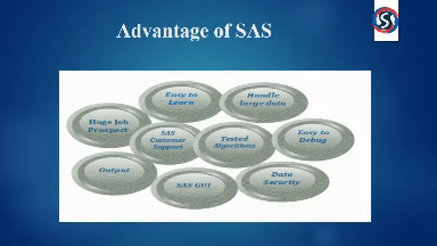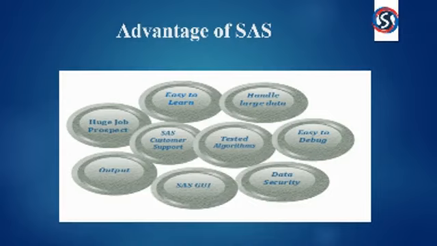The next advantage is SAS customer support. The organization of SAS maintains proper monitoring as a complete organization to analyze SAS, and it has customer support also, which handles all kinds of problems. It provides you data security also. SAS is the primary tool for many large scale companies, and the company data is confidential here.